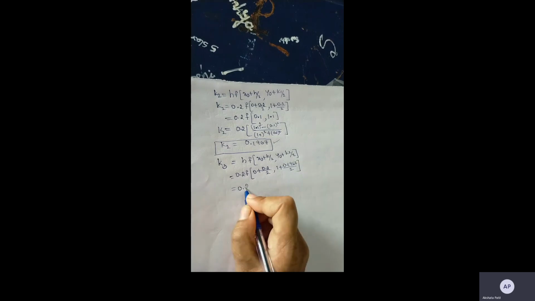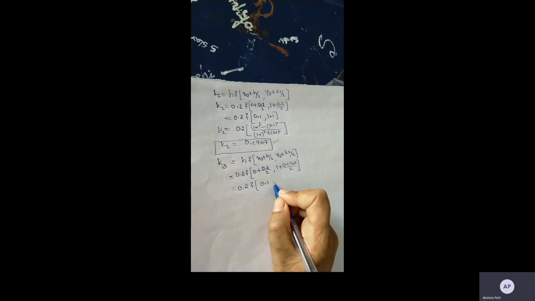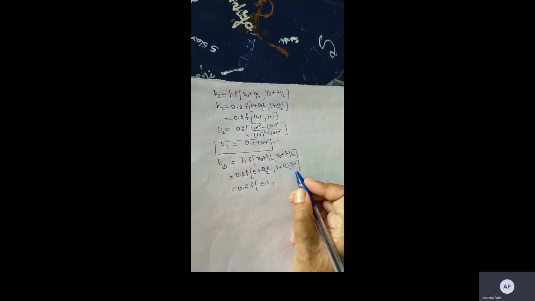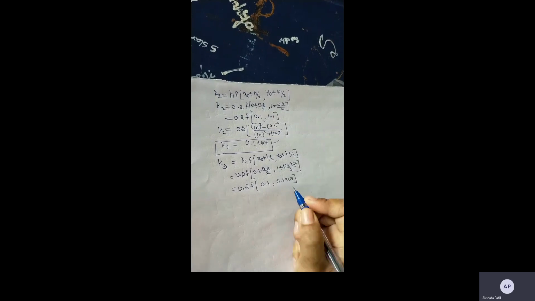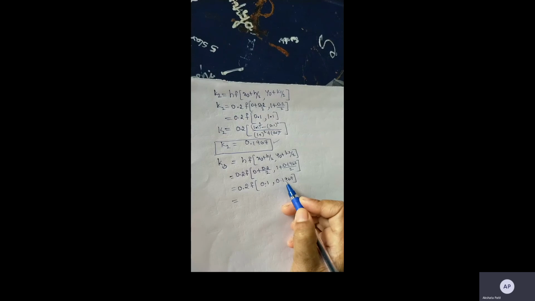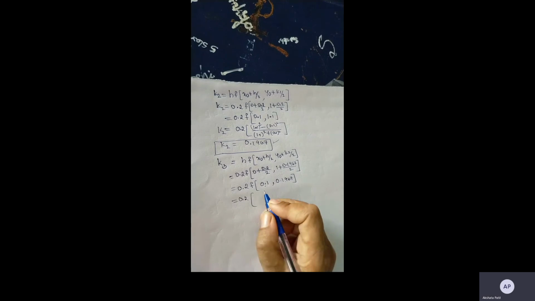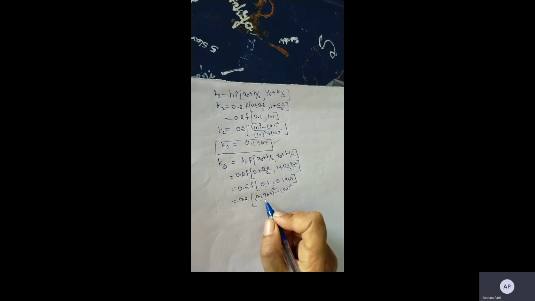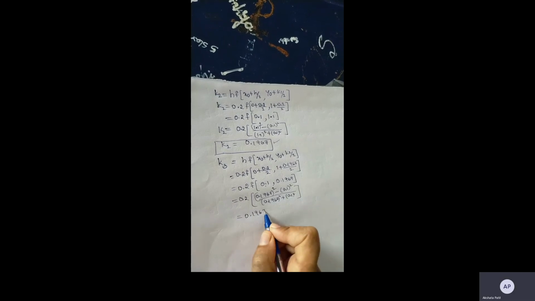Simplified, you get the function of 0.1 comma 1.0983. Use these values in the differential equation: 0.2 into (1.0983² − 0.1²) divided by (1.0983² + 0.1²). So the k3 value is 0.1967.